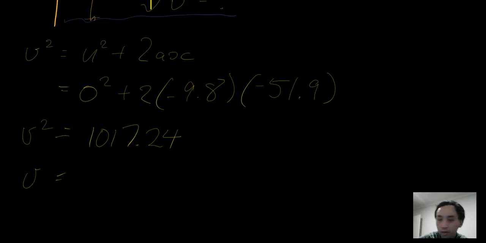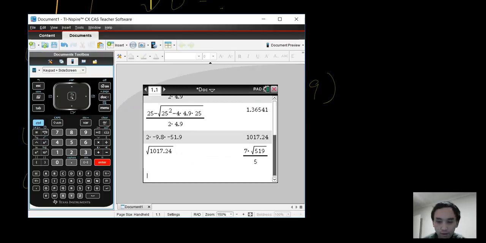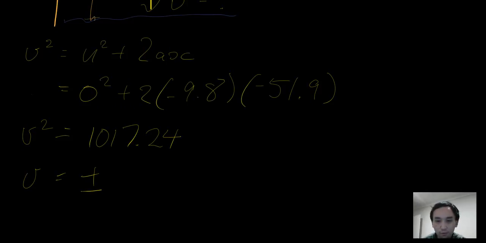So you get plus or minus 31.89-ish meters per second. But do we want positive or negative? In most cases so far we've been thinking, well, just take the positive one, negative can't be right.